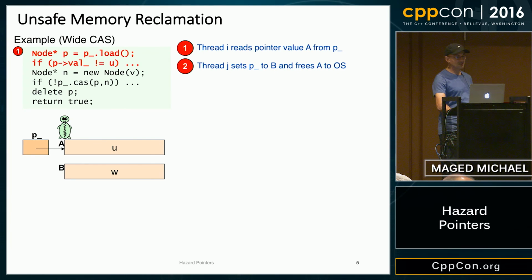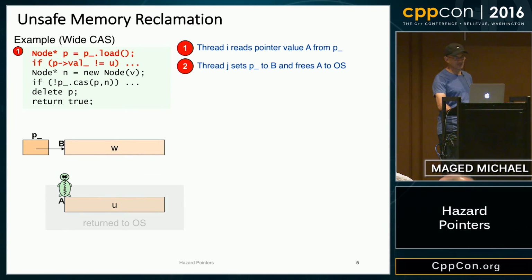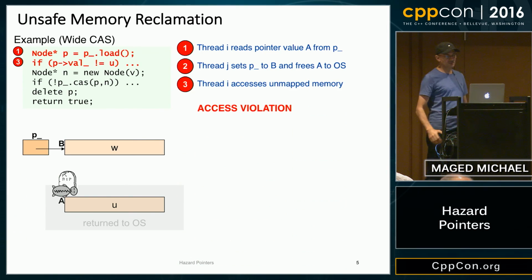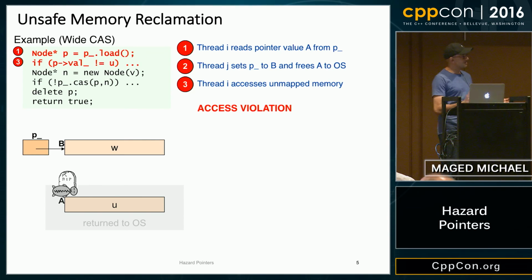In the meantime, another thread J sets P to point to a block B and returns A to the operating system. So now block A is unmapped. Thread I comes back and has an access violation. It had no chance to check to see if it is safe to dereference that pointer or not. So that's one case.